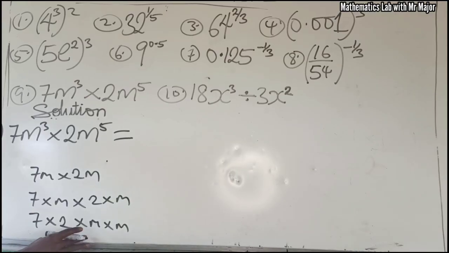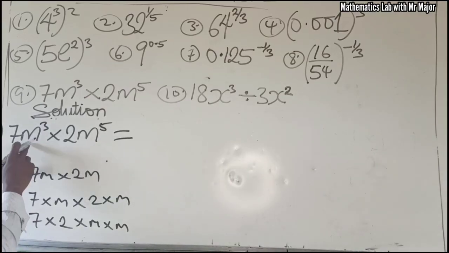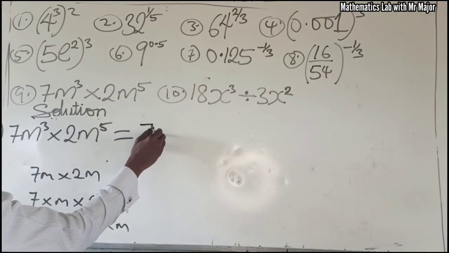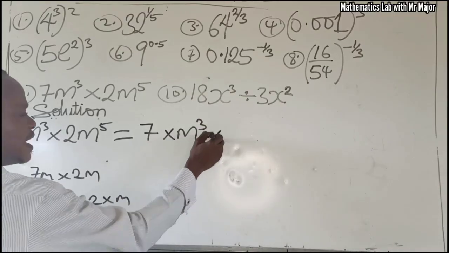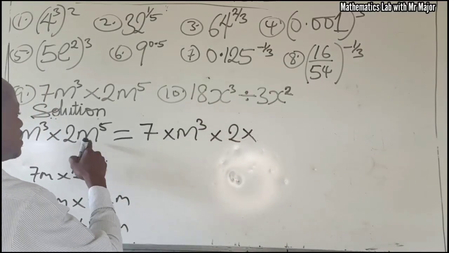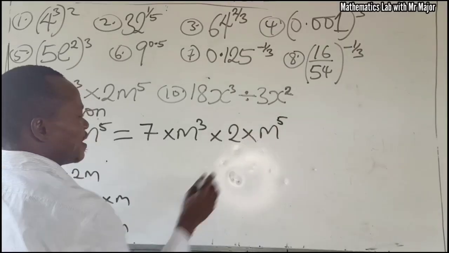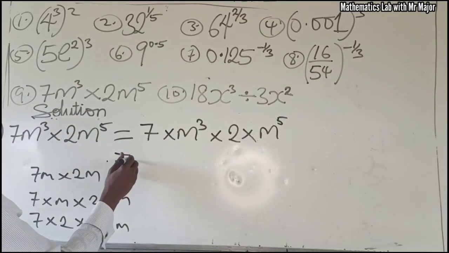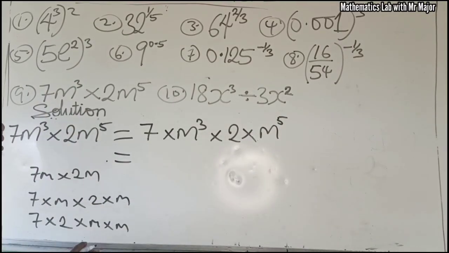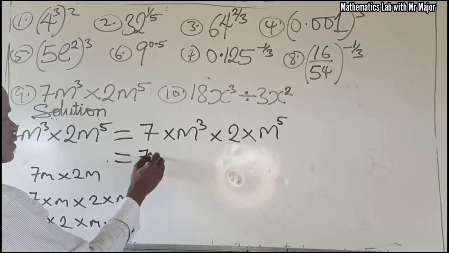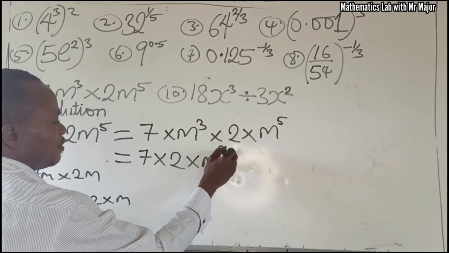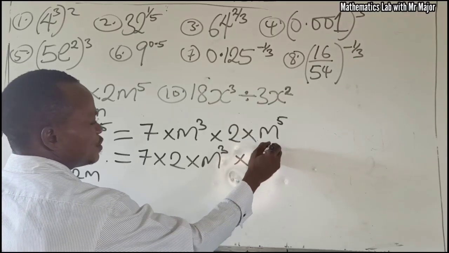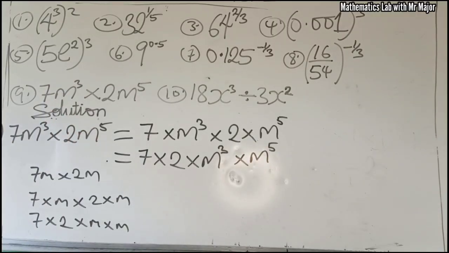So if we apply this, that means we are going to have 7 times m raised to power 3 times 2 times m raised to power 5. So we are now having 7 and 2 as like terms. So we have 7 times 2, then times m raised to power 3 times m raised to power 5.